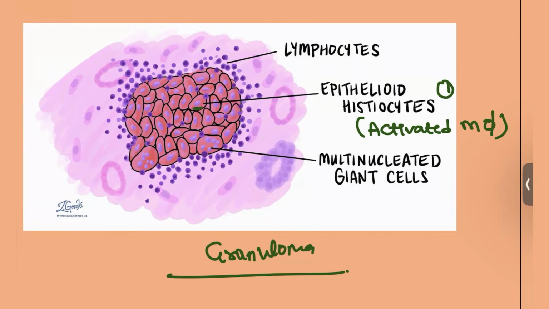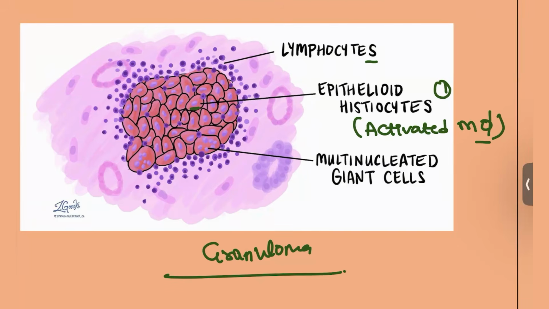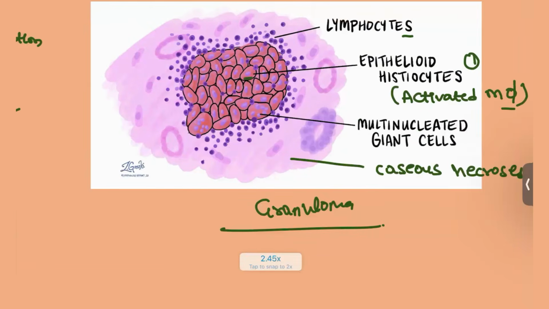Next, another one is the multinucleated giant cells. Depending on the different type of cell, it is going to present in a different way. And lymphocytes, immediately, if the macrophages are completed, lymphocytes will take the place of this ground. Next, the fourth one is the caseous necrosis. All these are going to be present in the granuloma structure.